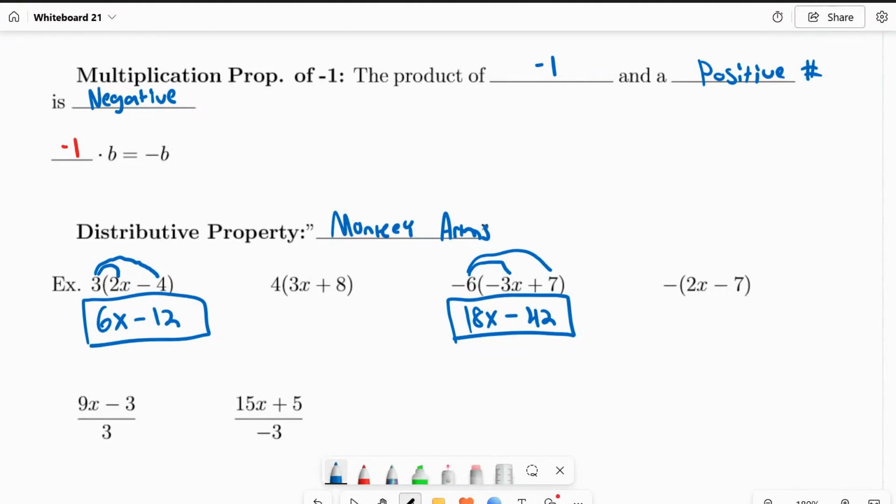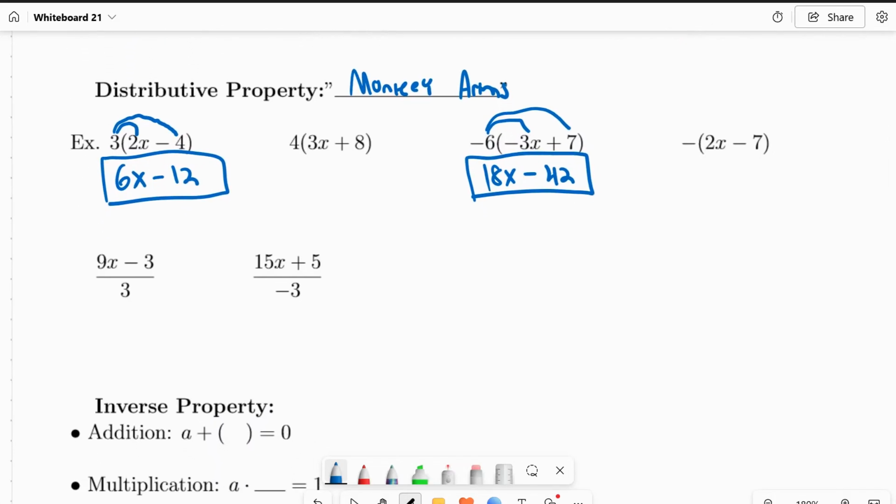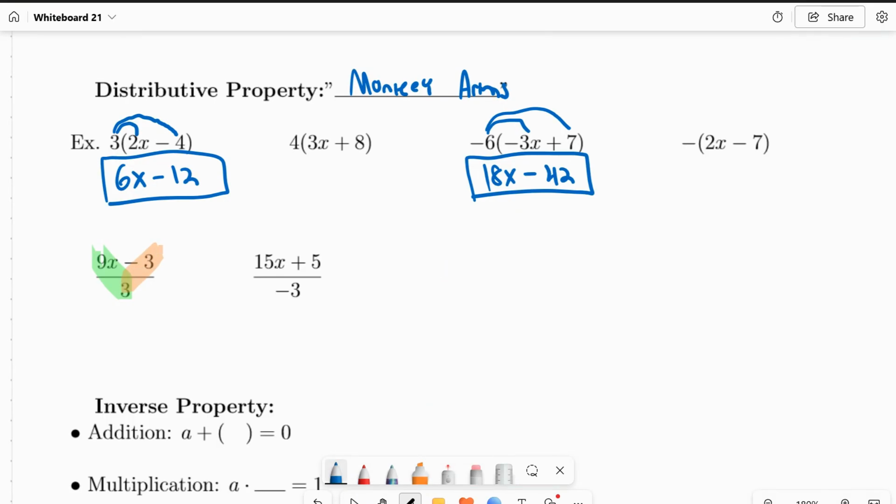Okay, another thing to keep in mind is with our fractions, if we are dividing multiple terms in our numerator by a single denominator, we can split our fraction into two parts. So I could take 9x divided by 3 and -3 divided by 3.